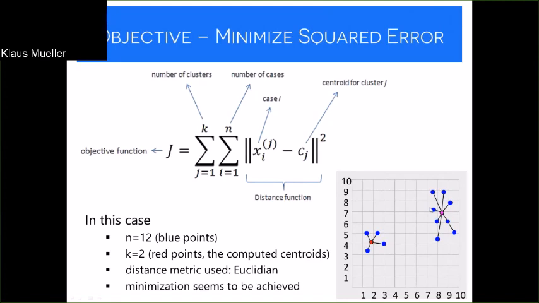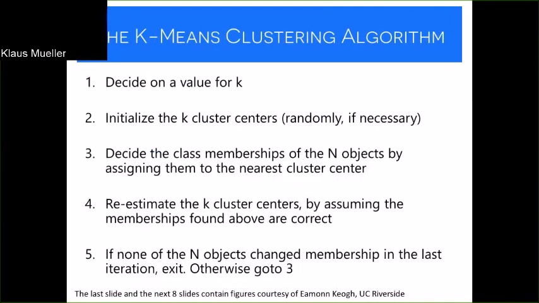So this k-means clustering algorithm looks like this. Beforehand you decide how many clusters you expect, and you call that k. Then you initialize k cluster centers, because each cluster has to have a cluster center. I randomly assign k cluster centers.